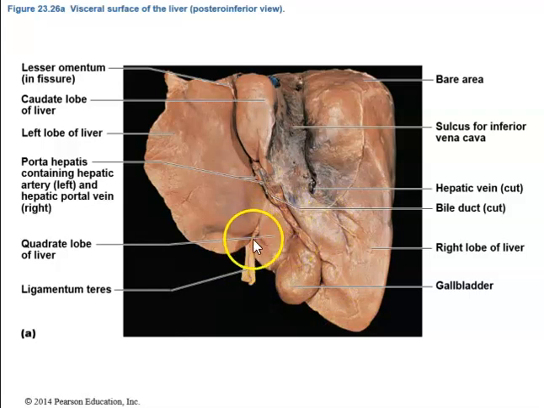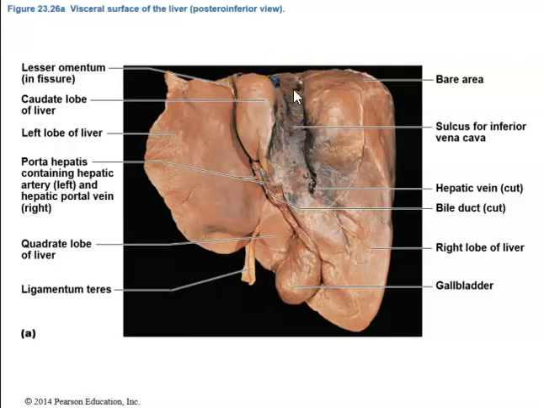Okay, so the quadrate lobe has four sides. It's between the round ligament, which has an R, and the gallbladder. So this is the quadrate lobe, as opposed to the caudate lobe. Now, the caudate lobe starts with a C. It is right next to the inferior vena cava.